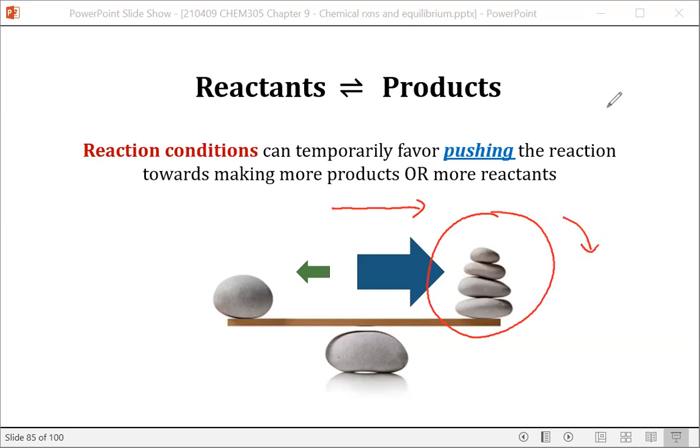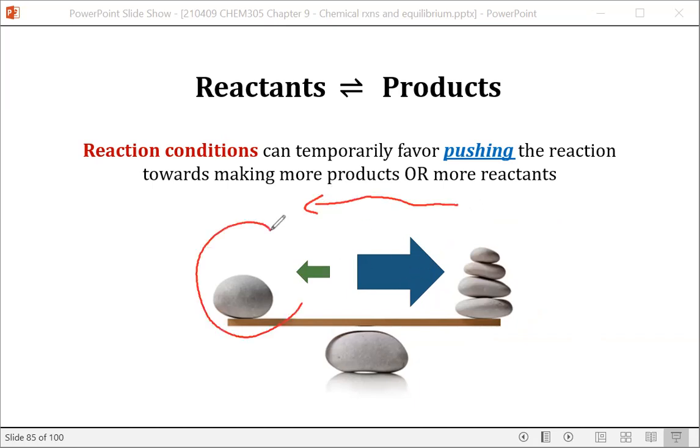Or we could alter the conditions so that the reverse reaction was more favored. We'd make more reactants and we'd tip the balance this way. We can push it to the right to favor products, or we can push it to the left to favor reactants.